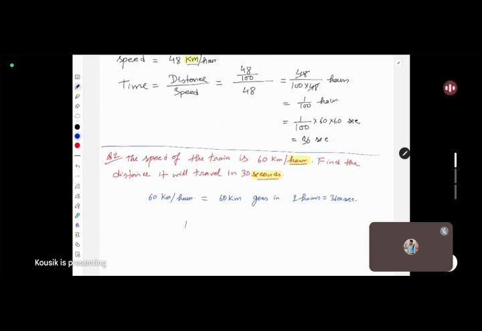So time, আর distance, so 3600 second, the distance is 60 kilometer, kilometer means 60000 meter, and the time is now 30 second. How many distance?